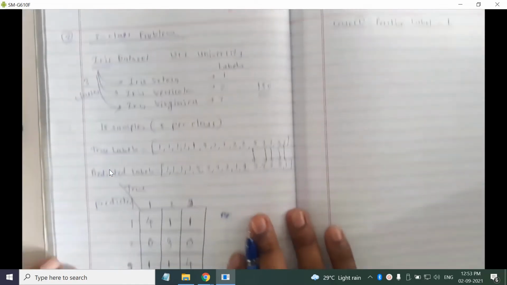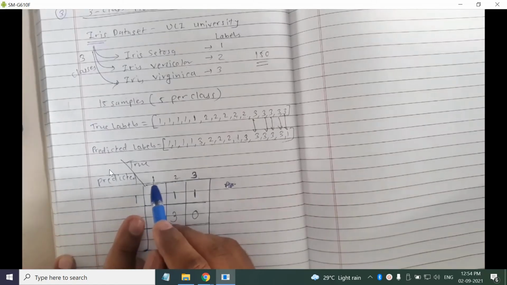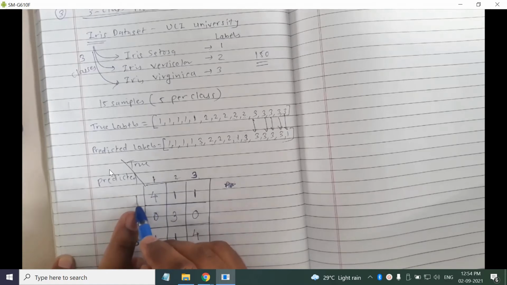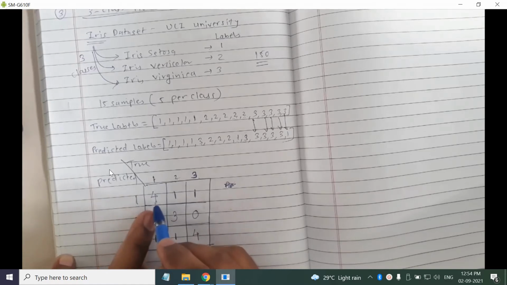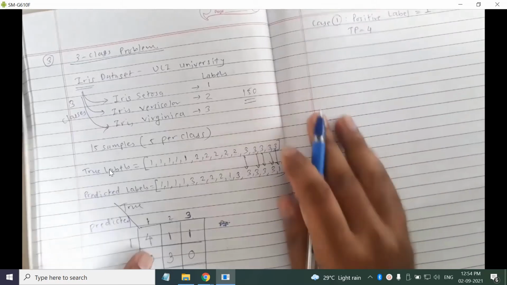Now the true label is 1 and the predicted label is 1, so what will this be? Is it a true positive, true negative, false positive, false negative? It is true positive, right? So true positive is 4.